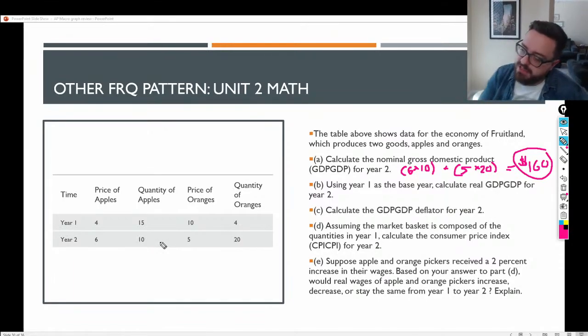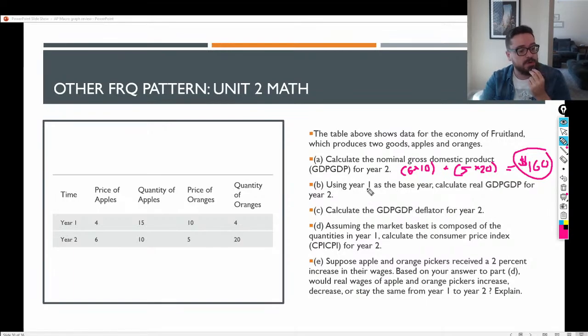B, using year 1 as the base year, calculate real GDP for year 2. Okay, but they don't give me the deflator, Mr. McRitchie. How can I possibly do that? Remember, what is real GDP? Real GDP is GDP adjusted for inflation. Using year 1 as the base year has to matter. Why?